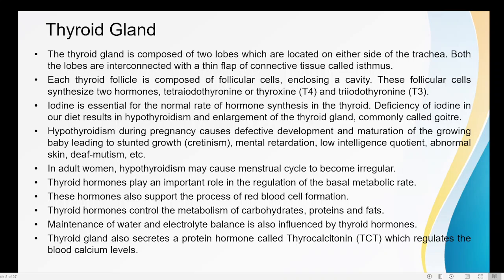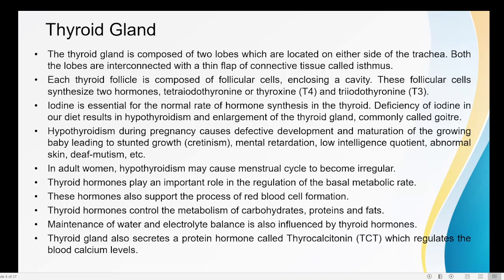So you can see that the thyroid gland or thyroid hormone has a lot of influence on many parts of your body. That is why any deficiency in the level of thyroid hormone can have a direct effect on the functioning of many of your body systems. Then the thyroid gland also secretes a protein hormone known as thyrocalcitonin, which regulates the level of calcium in your blood.